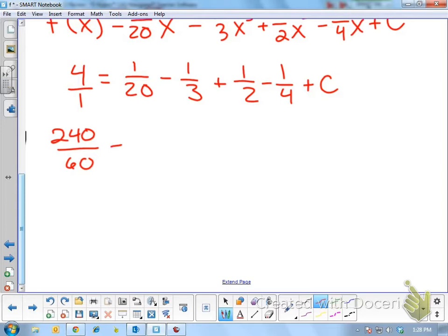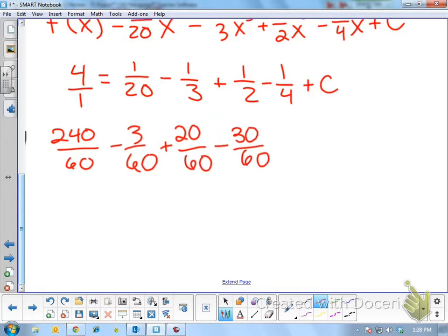Minus, need to multiply by 3 over 60 plus 20 over 60 minus 30 over 60 plus 15 over 60. But it's minus, except that I am moving it over to the other side. So I changed the signs of everything except the first one.